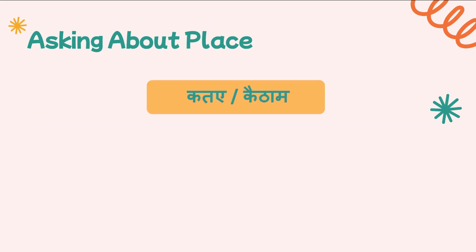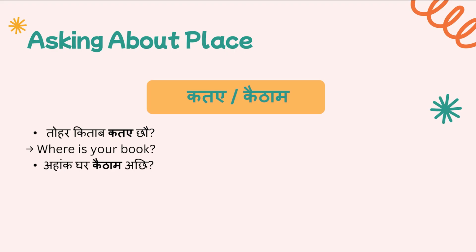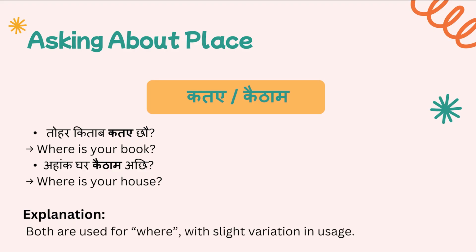Then how do we ask about places? We would say kate or kaitam. Tohar kitab kate cho, or sometimes people would also say katta cho. Where is your book? Ahak ghar kaitam ach or kontam ach. So, where is your house? Both are used for where with slight variation in use.